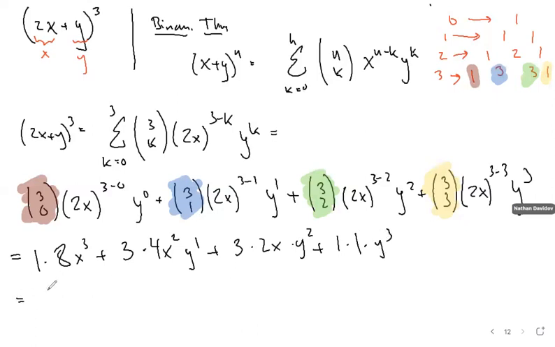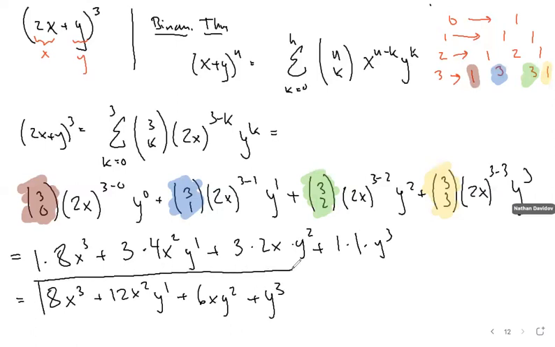Okay, so you put it all together. This is 8x cubed plus 12x squared y, plus 6x y squared, plus y cubed. So that's the answer.